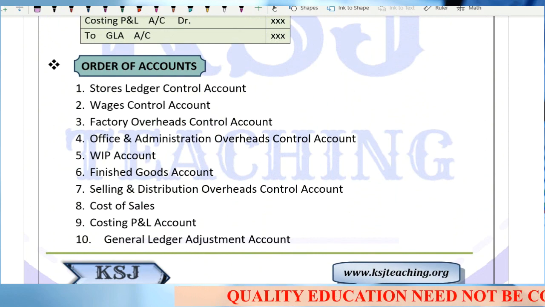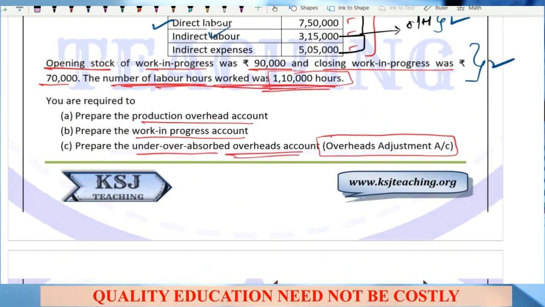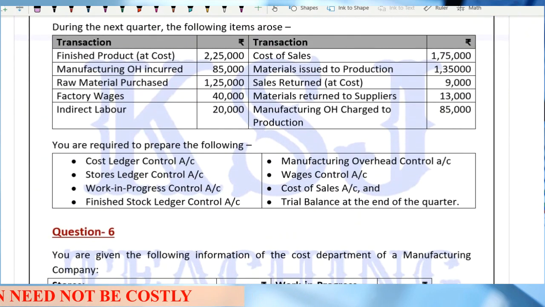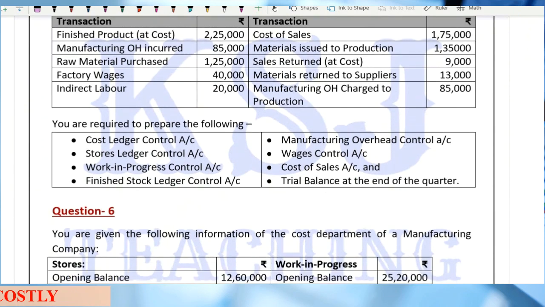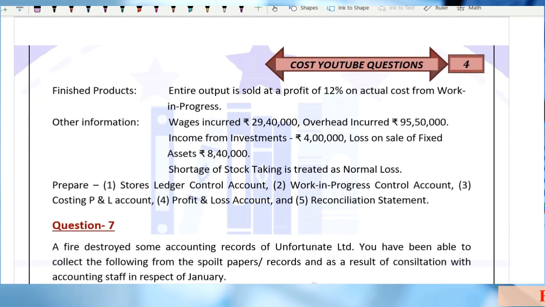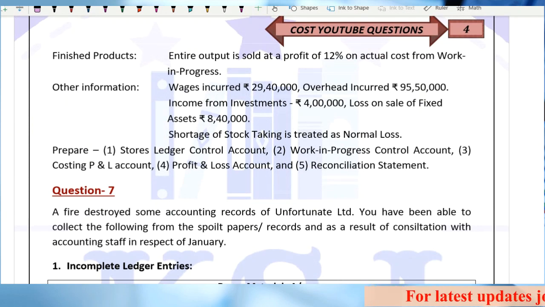Then we will move on to the remaining practical part, question number 5, a good question covering 8 accounts basically. Then question number 6, again a comprehensive question, in which we have to prepare at least 4 accounts. Reconciliation we will do in the next lecture.